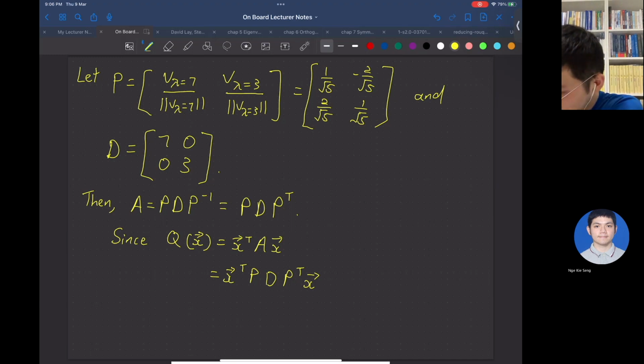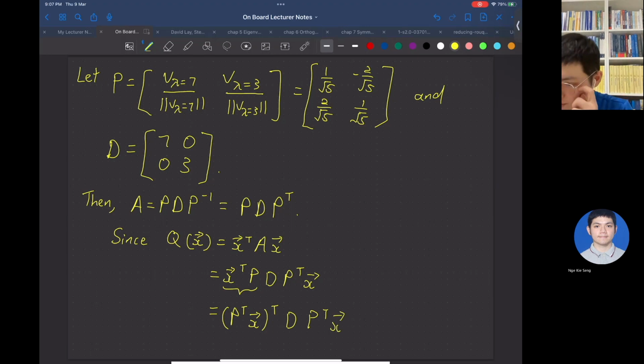So what we can do is we take x transpose P, so we can combine these two terms into P transpose x, transpose.